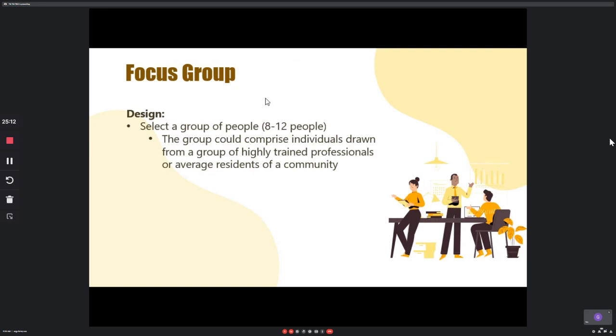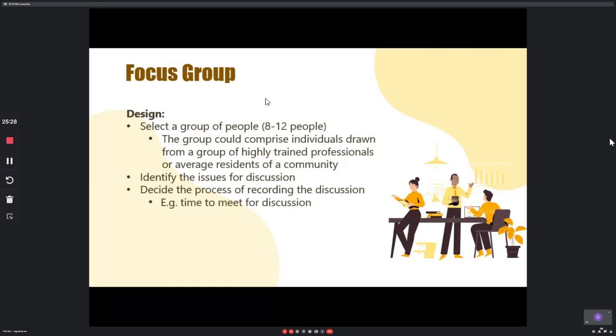Like for example, expert lecturers in conducting research, you ask them to sit together and then you give them an issue to discuss. Let this group of people discuss, and then you record what they have discussed, okay?